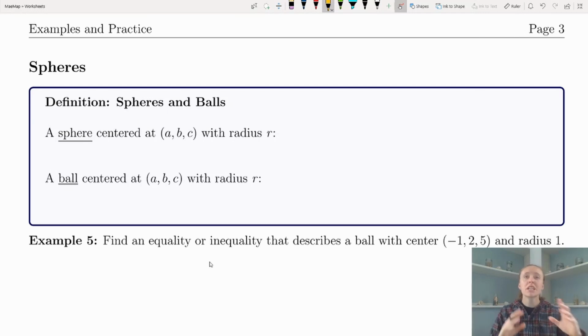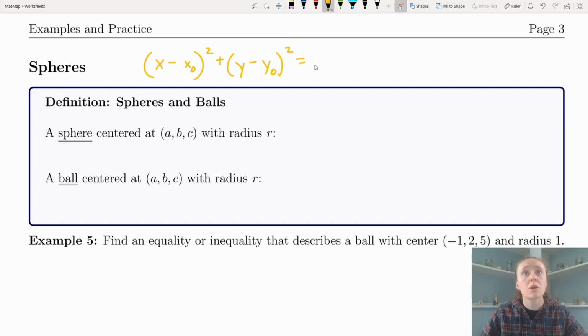If you remember, in 2 dimensions, we were working with circles, and circles were x minus some center x naught squared plus y minus some center y naught squared was equal to our radius squared. That was a circle, and we really dove into that when we went over parametric equations. But if I'm trying to now create a sphere or a ball in 3 dimensions, I'm just going to expand upon this concept.